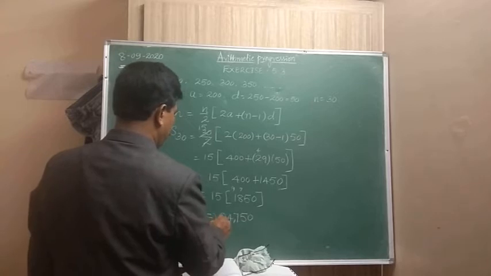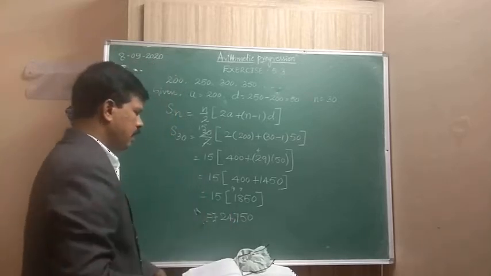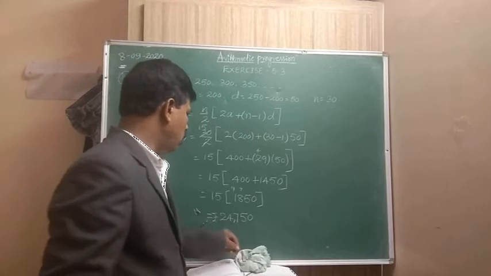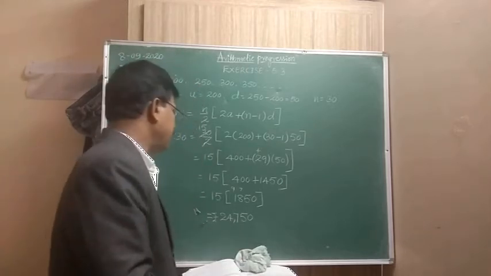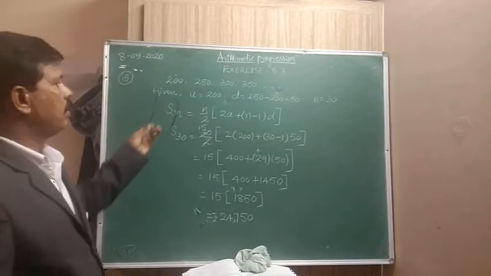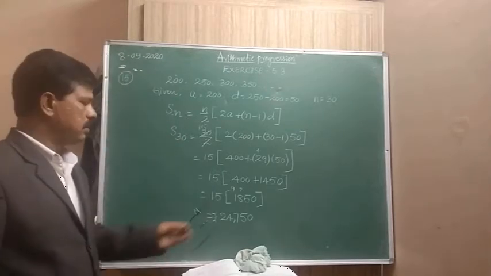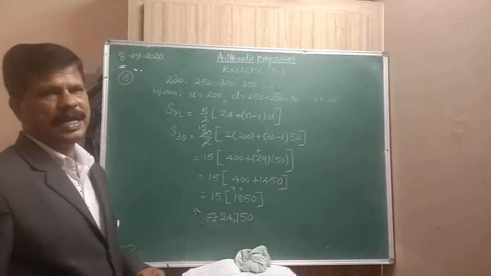So, how much? He has to pay a penalty of rupees 24,750. This is the question number 15 answer.